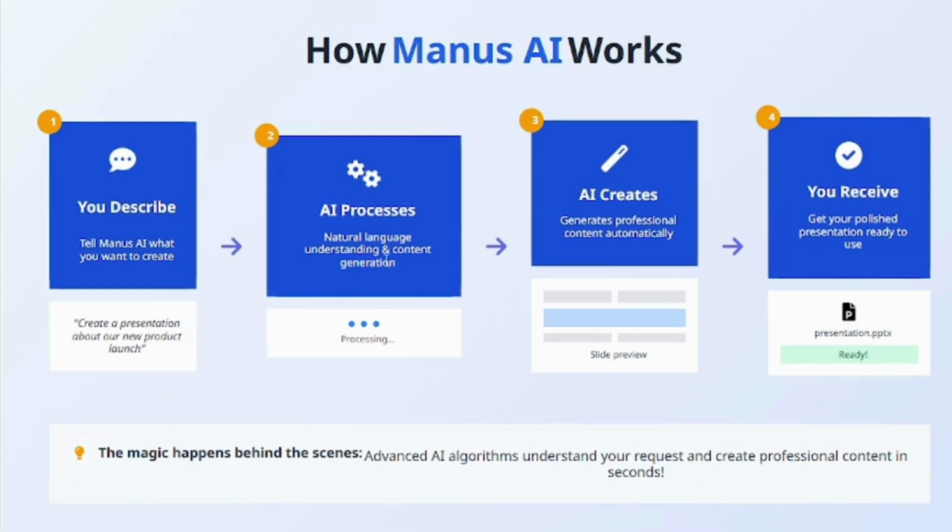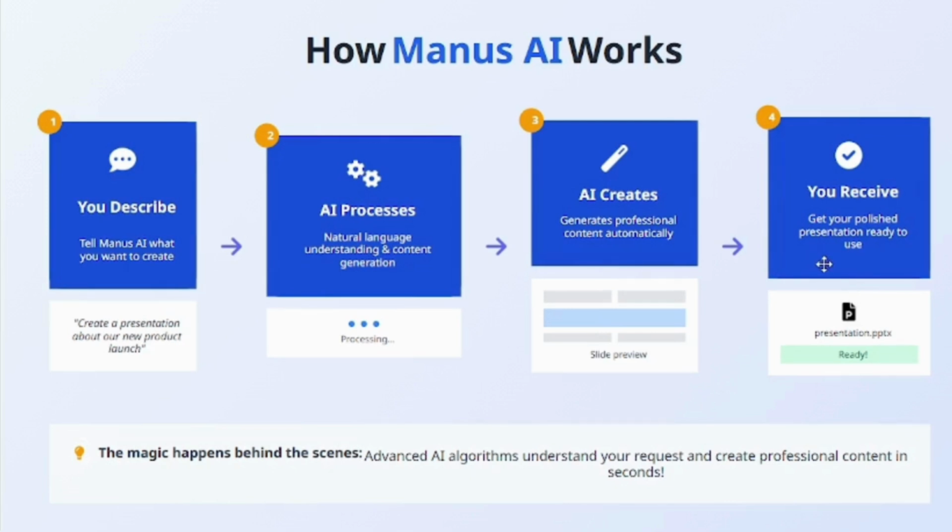Now let's move on to step number 2, AI process. Once you provide your request, Manus AI springs into action. This is where the advanced artificial intelligence comes into play. It uses sophisticated natural language processing, or NLP, to understand the nuances of your request.